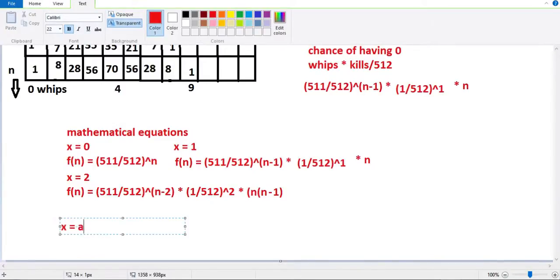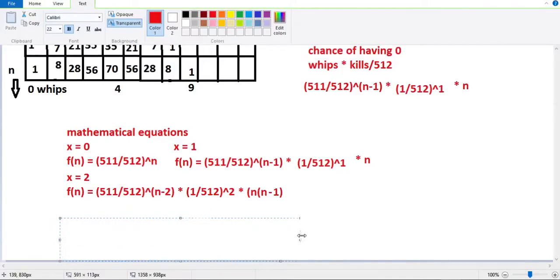X equals a. F of n equals 511 divided by 512 to the x minus n minus a times 1 divided by 512 to the a times the rule for x equals a.